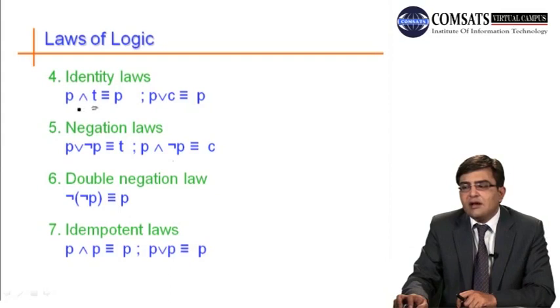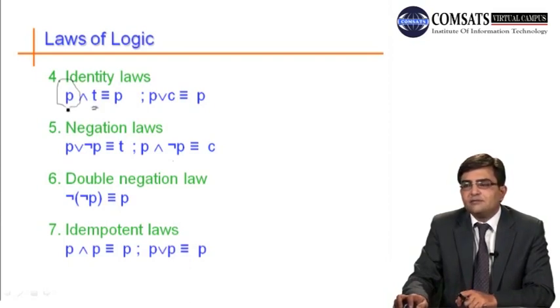Therefore, the conjunction of P and T will always depend on the truth value of P, because if P is true, then T is always true, so this conjunction is true.